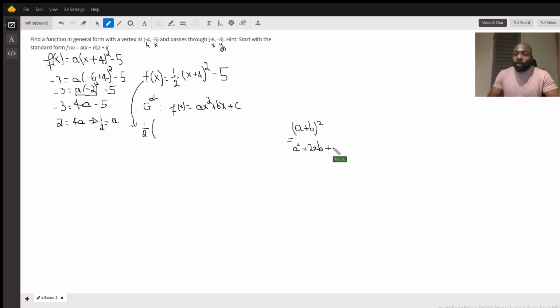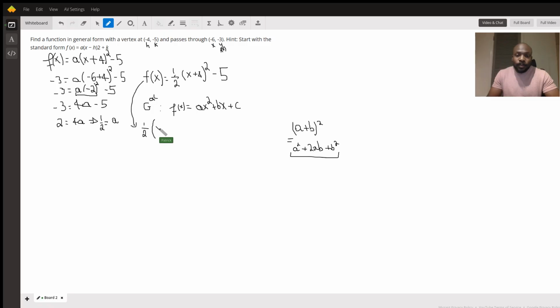So that's what we're going to do. You could also do FOIL, x plus 4 times x plus 4, but it's a little bit more time consuming. So we're going to apply this property. In this case, x is a, 4 is b.